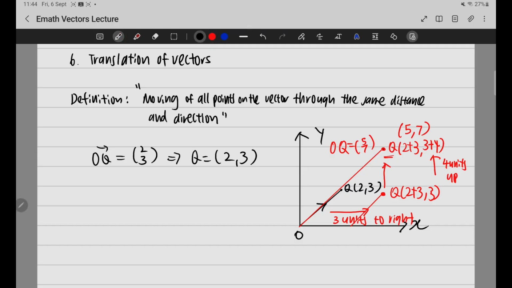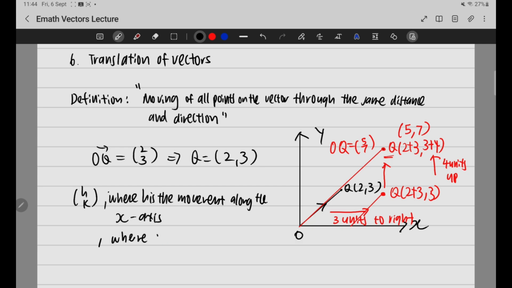So translation of a vector can be represented by (H, K), where H is the movement along the x-axis and K is the movement along the y-axis.